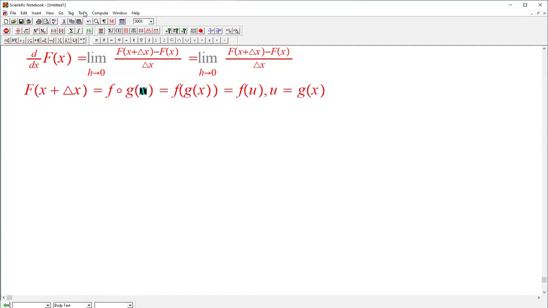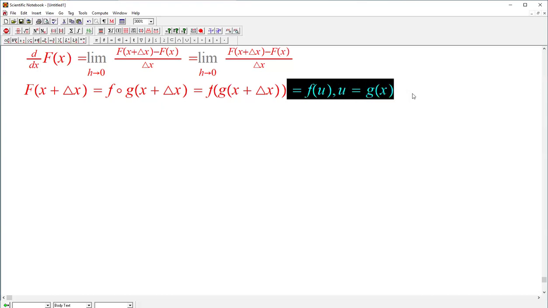For now we're not going to look at the u yet, but we will.